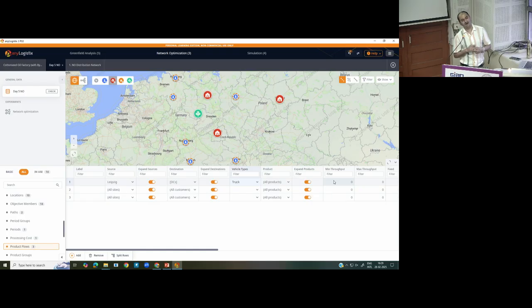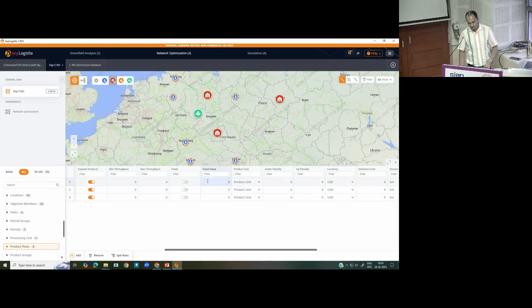This is the thing I was talking about. Suppose that supplier supplies only 100 products, you apply that, add 100 products here. Or what is the maximum capacity? Maximum capacity you can add. Or if you want to say a fixed quantity from that supplier to the DC, you can define the fixed one.